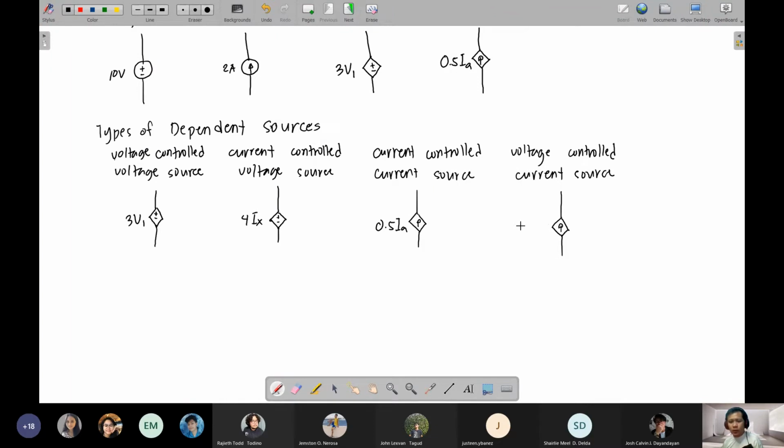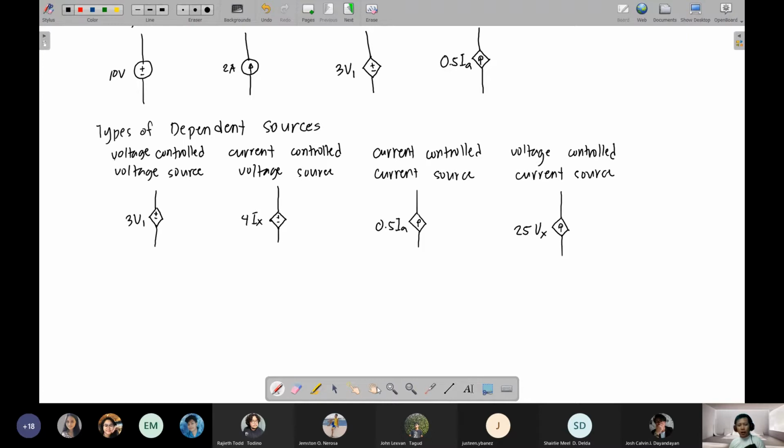Let's say, for example, this will be 25Vx. So whatever the value of Vx, multiply it by 25, that would be the value of this current source.